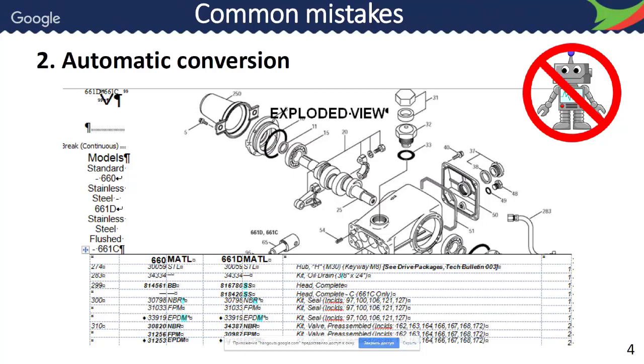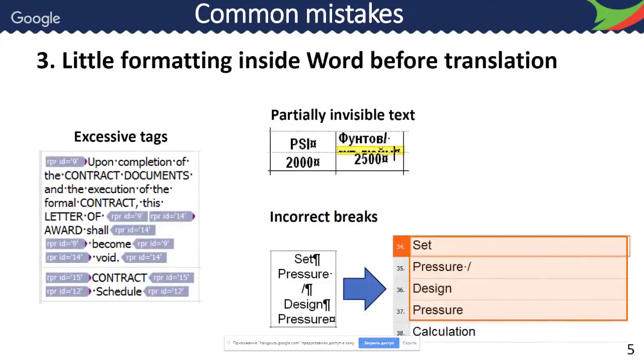The third mistake is not formatting the Word document properly before it is submitted for translation. Issues include the following: unstable text layout that falls apart as soon as the text expands or shrinks during translation, partially invisible text after translation, tags and incorrect segmentation in your CAT tool.